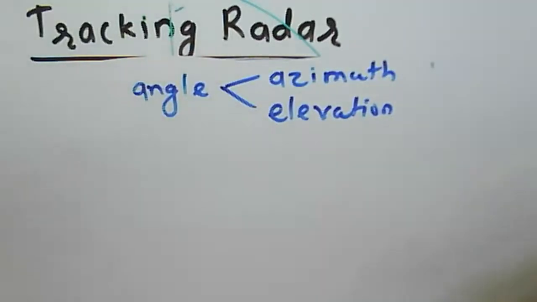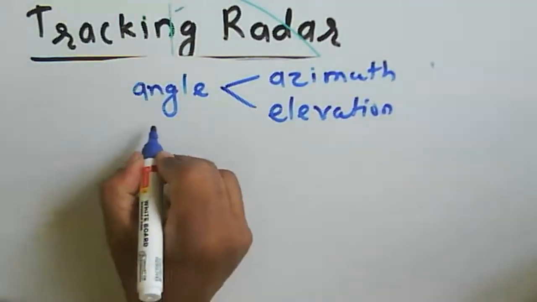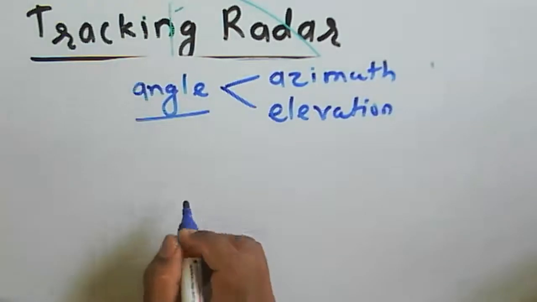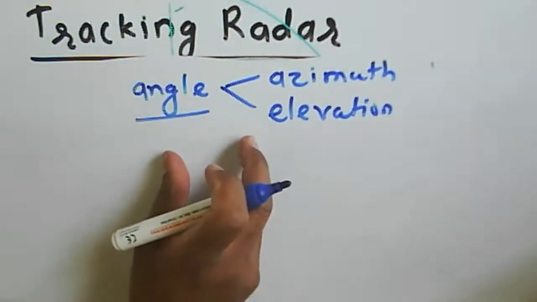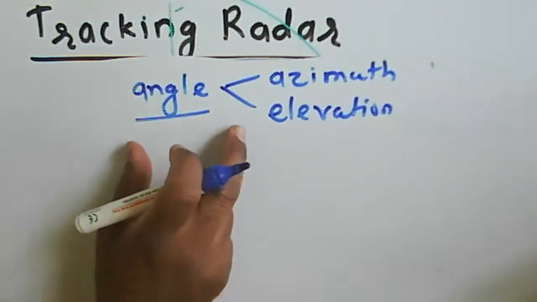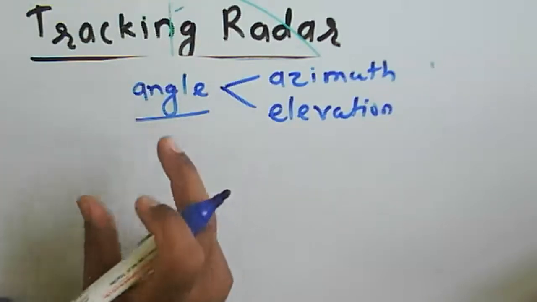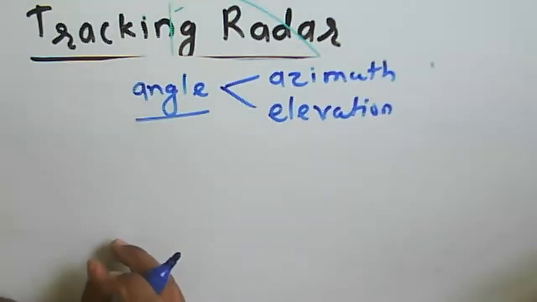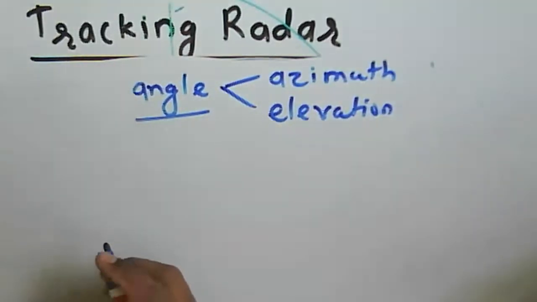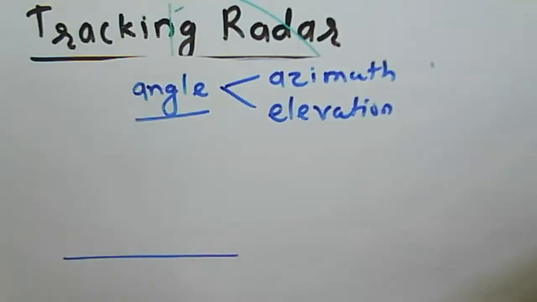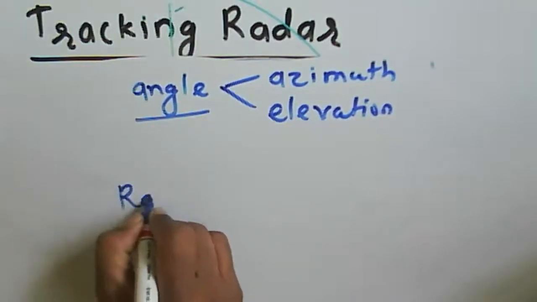Now we need to know about the measurement, in terms of what? Measurement of angle. For measurement of angle, while tracking, we need to find out what antenna pattern we are getting from the given target. So for example, there are two ways to draw a radiation pattern of an antenna.